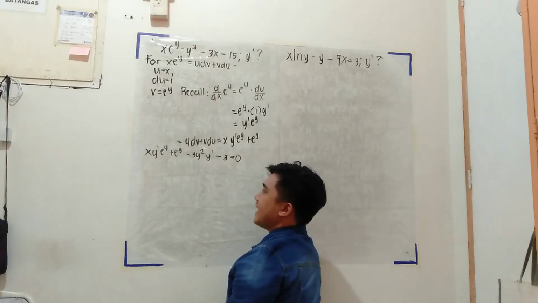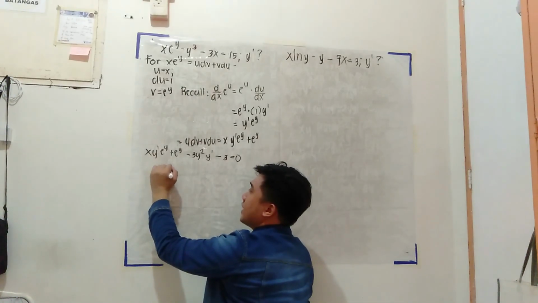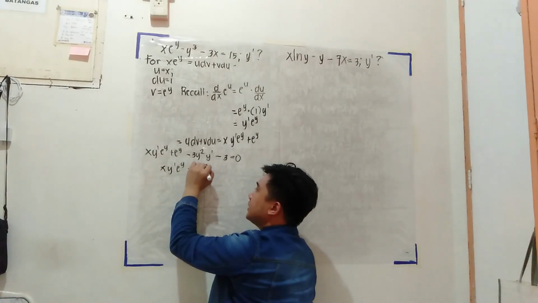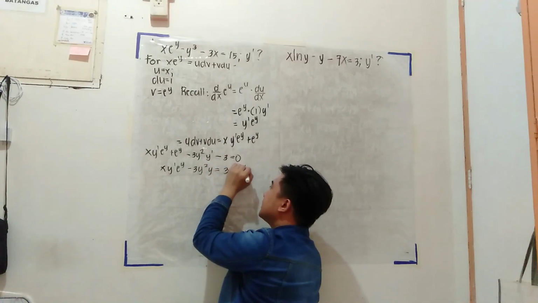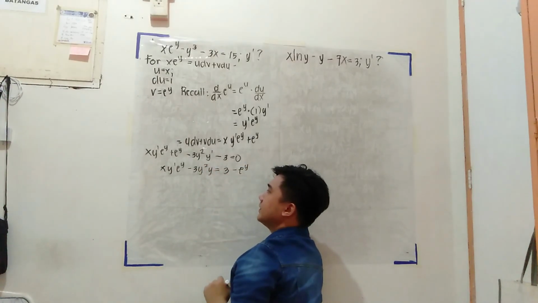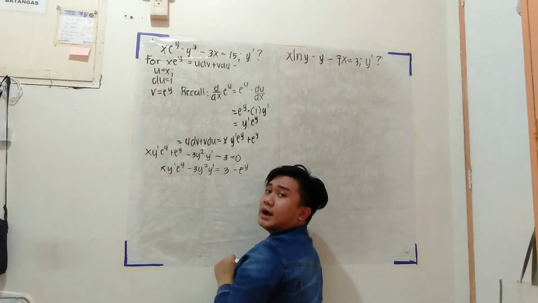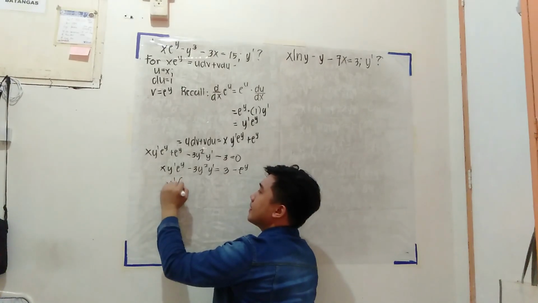So, again, I will isolate the terms with common factors. So, x, y prime, e raised to y minus 3y squared y prime equal to 3 minus e raised to y. I'm sorry. And then, factor out the common term which is y prime.